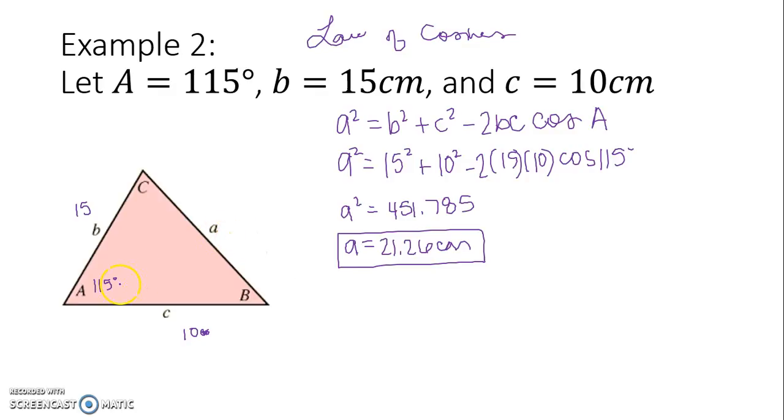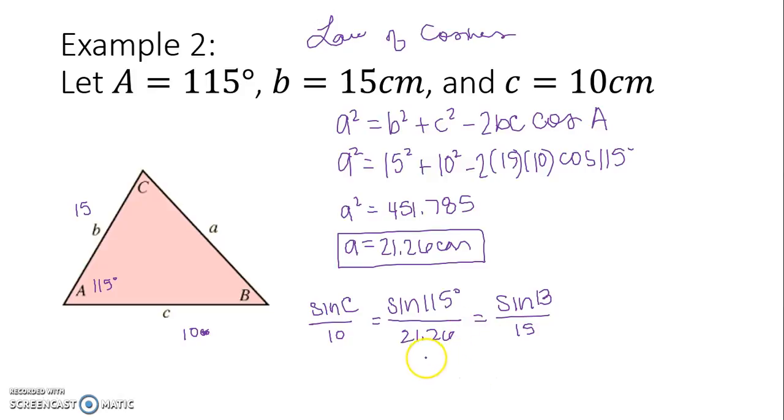Now that I have an angle and the side across from it, so I have sine of 115 degrees over 21.26, I can set that up to find angle B, and I can set that up to find angle C. So I'll start with angle B. I'm going to cross multiply 15 times sine of 115, and divide by my 21.26, which technically means that I have sine of B equals that, which was about 0.639.